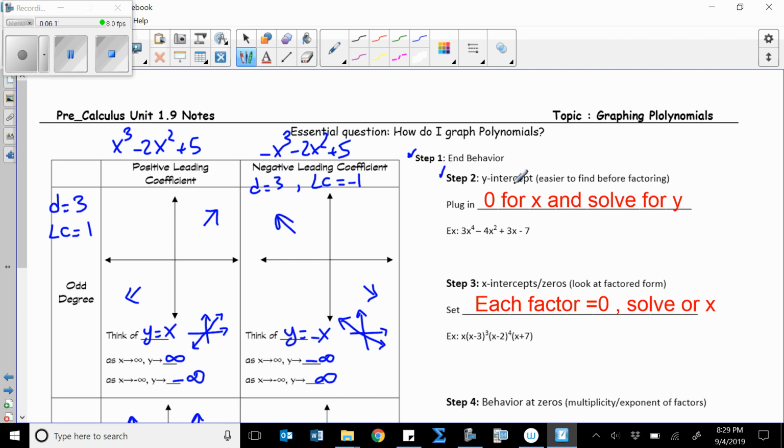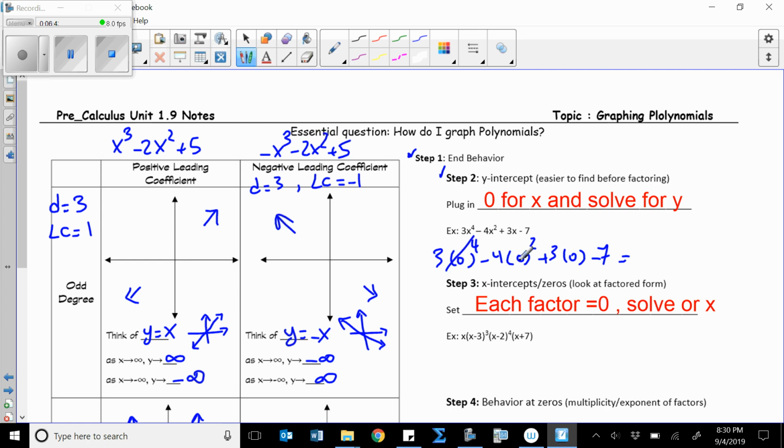In order to find the y-intercept, it's easier to find it before factoring, because you're just going to replace x with 0 and solve for y. So here I'm just going to replace 0 wherever I see an x: negative 4 times 0 squared plus 3 times 0 minus 7.